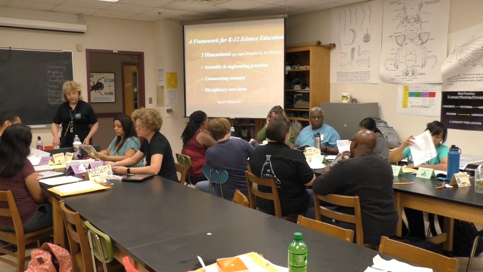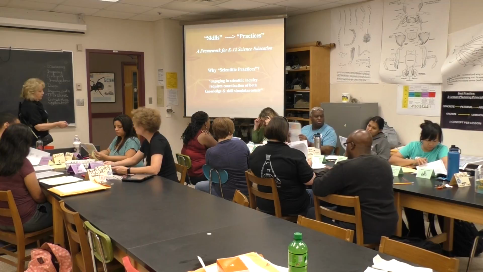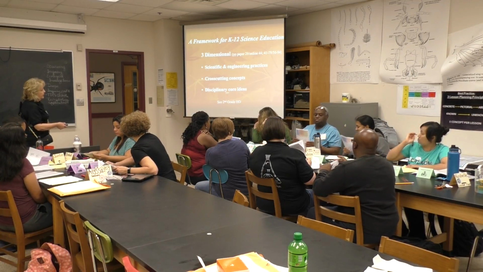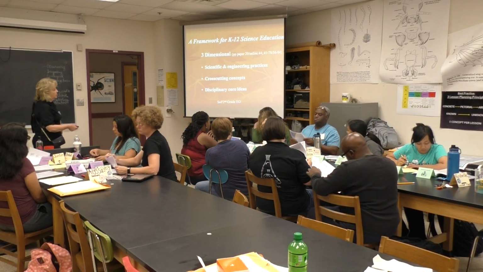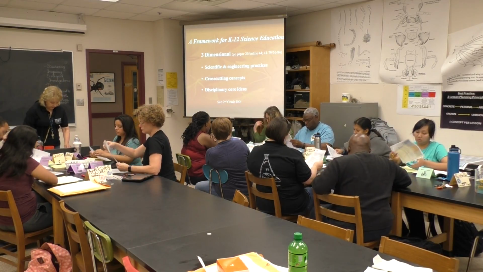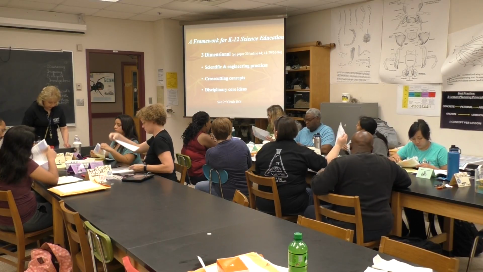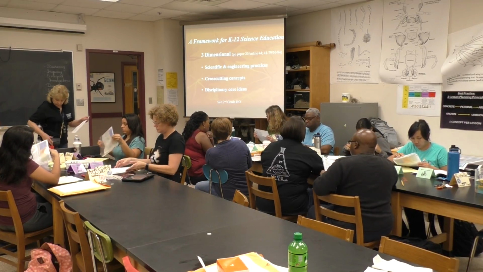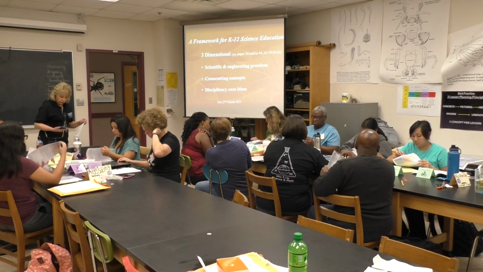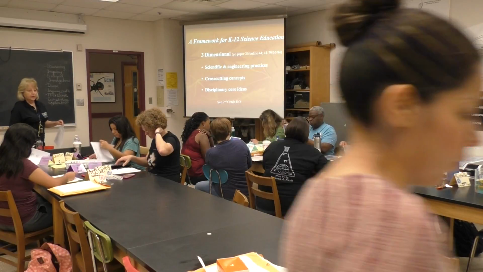All right, so down at the bottom of the slide, it says see second grade handout. So in your packet, let me review a little bit. Your framework is divided into two sections.